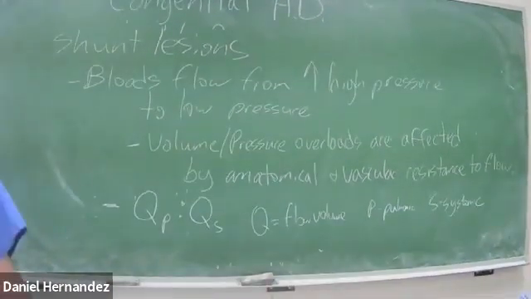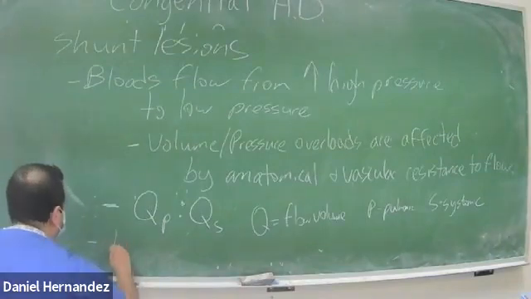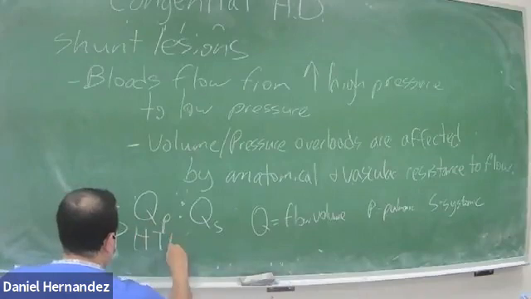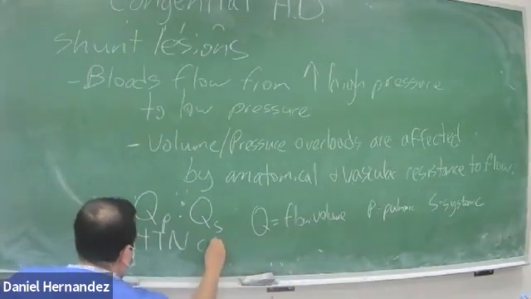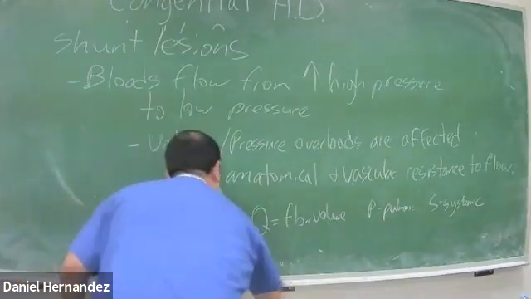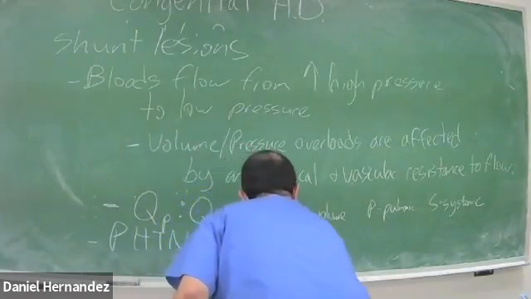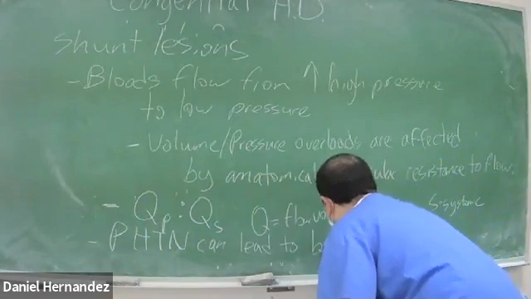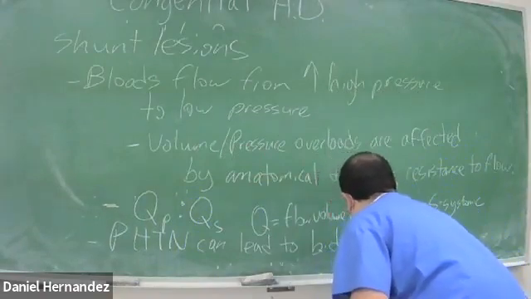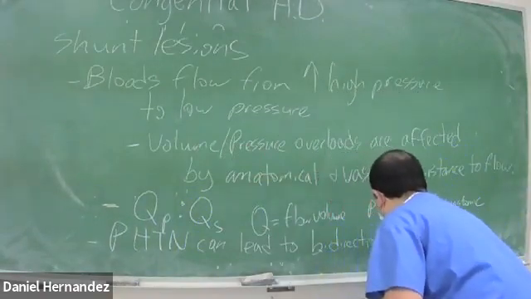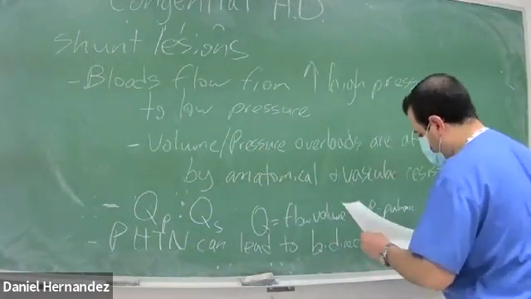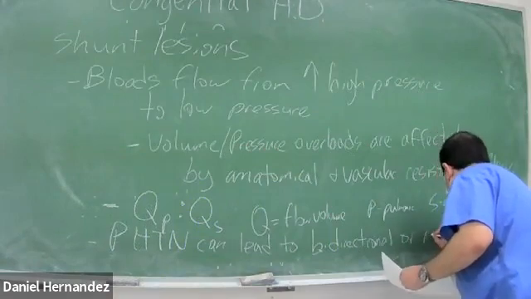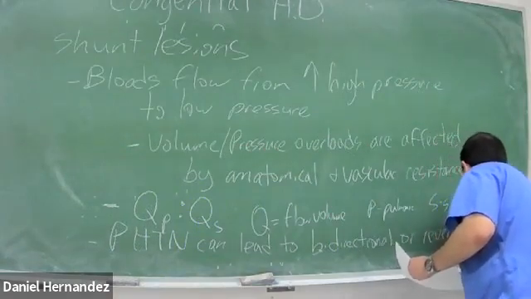You also have to remember that pulmonary hypertension can lead to bidirectional or reverse shunting.